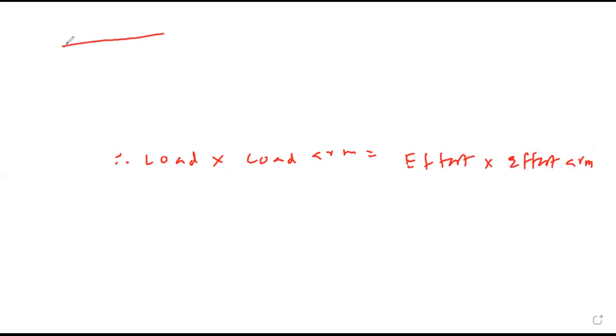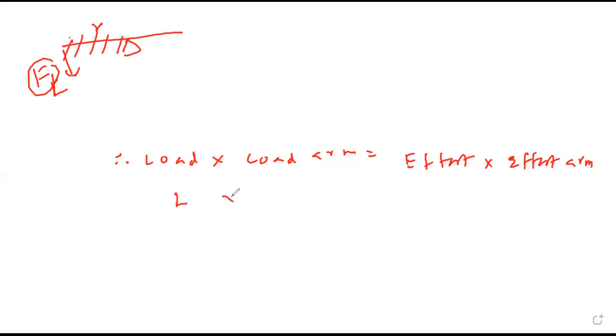So load into distance of load, called the load arm. This is force into distance. That means load into load arm equals effort into effort arm. Any doubt in this line? If this is the fulcrum and this is load, then force into this distance is called moment.